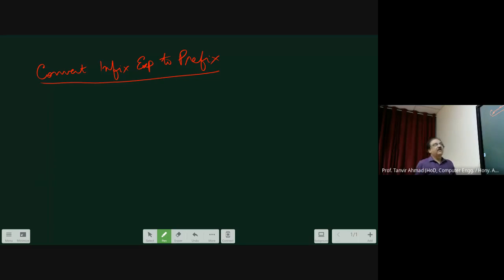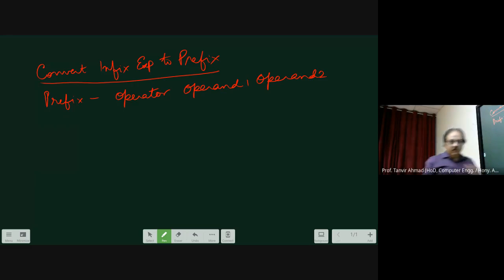Prefix comes with operator, then operand 1 and operand 2. That means the operator will come before the operands.